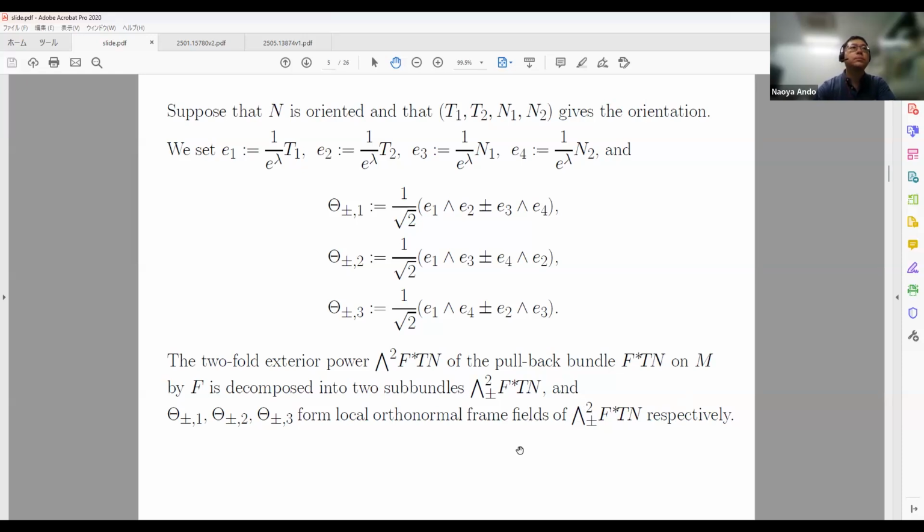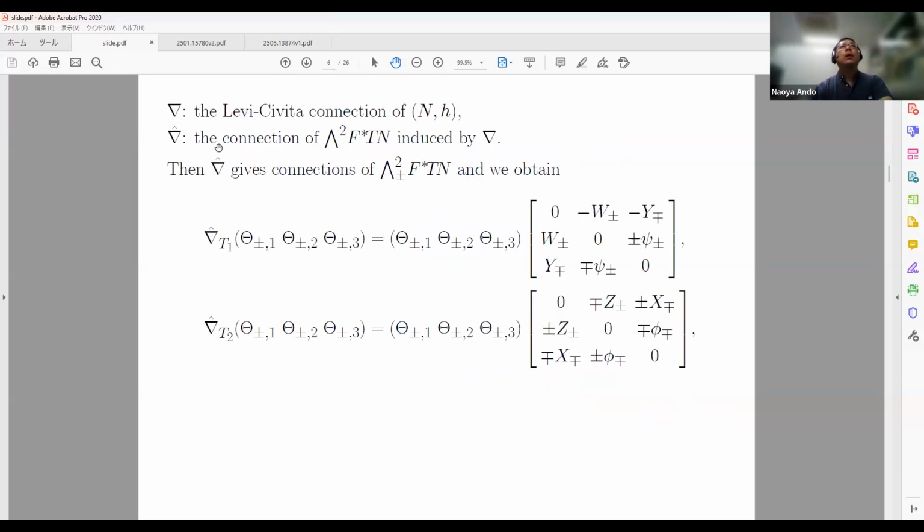Let nabla be the Levi-Civita connection of the space. And nabla hat the connection of the twofold exterior power induced by nabla. Then nabla hat gives connections of these two sub-bundles, and we obtain these relations.